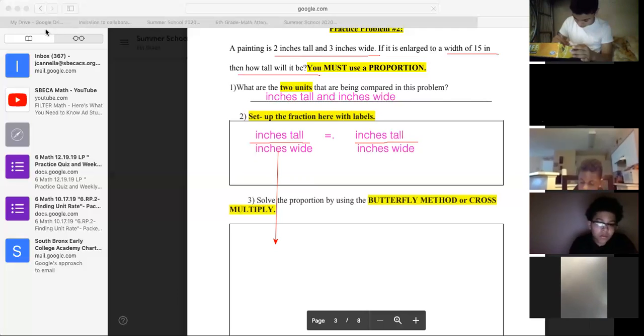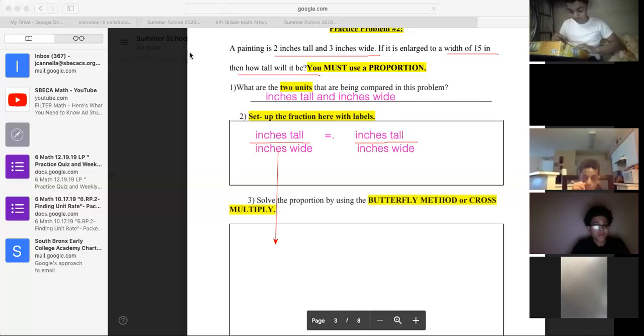What's the numerator here, kiddo? 2 inches tall. So what's the numerator? Is it 2 or 3? No, 2. Try again. Good. 2 over 3.